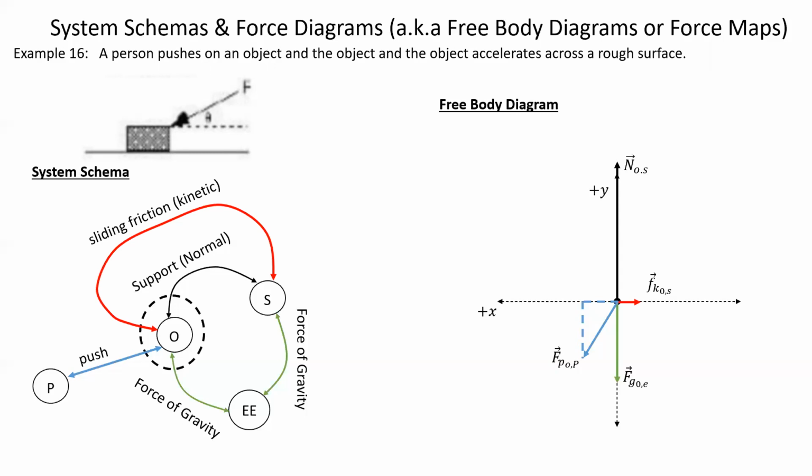Although the gravitational force summed with the y component of the push force does balance out the normal, nothing balances out the difference between the x component of the push and the friction. So if you subtract the friction from the x component of the push, you'll get the net force. This is not equilibrium.